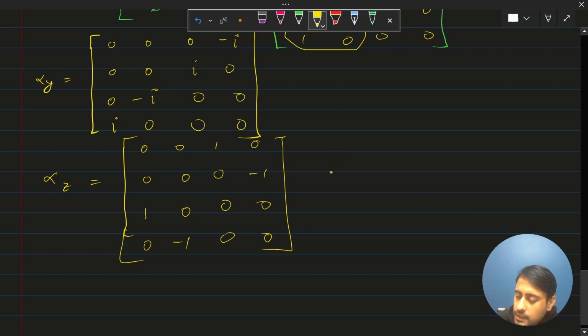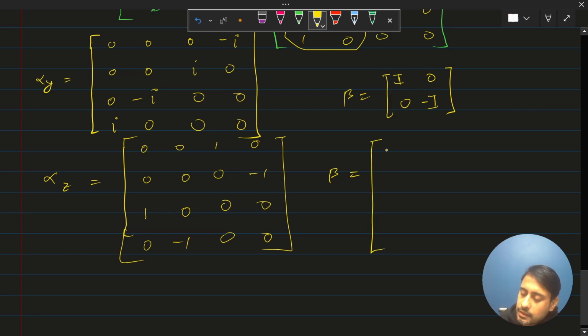And lastly we can write beta. The structure of beta is 1 0 0 1, I minus I. Okay, so this was beta. So we can write it as 1 0 0 1 identity matrix, then 0 0 0 0.